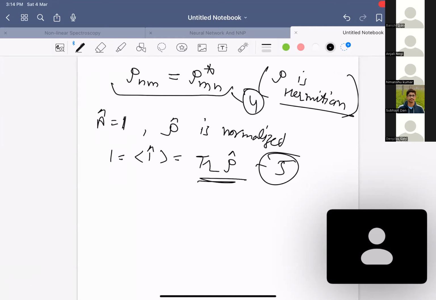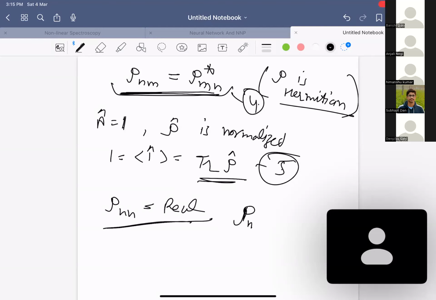Now if we combine equations 4 and 5, we can see that the diagonal elements are always real. This is only possible when rho nm is equal to rho mn star.